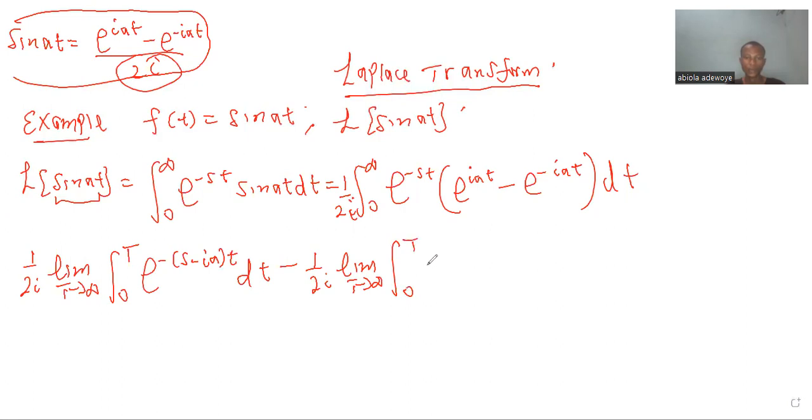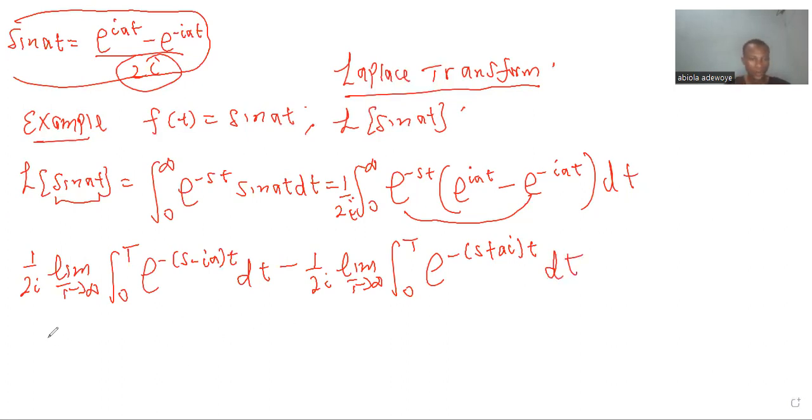Yes, this is multiplying this, don't forget. So I'm going to have exponential minus (s plus ia) t, dt.